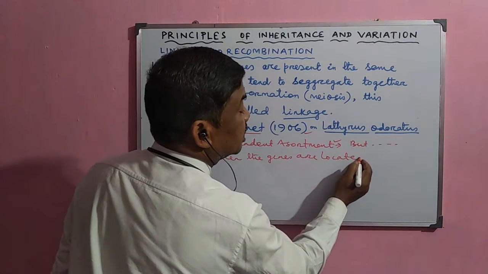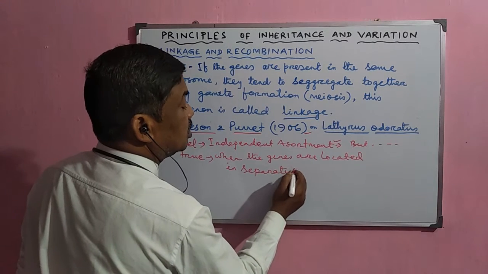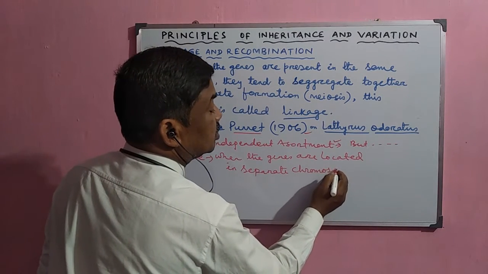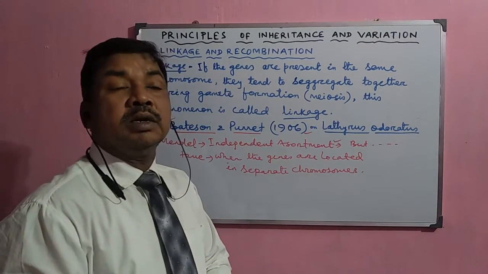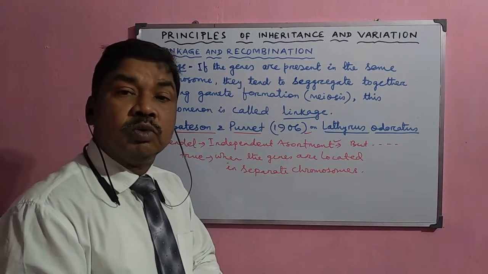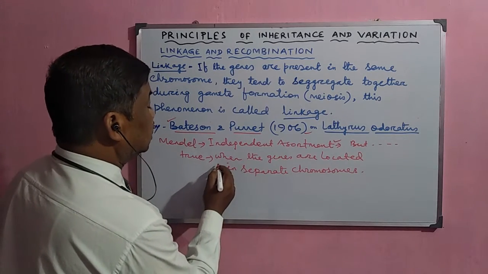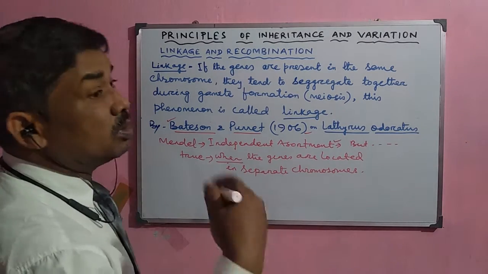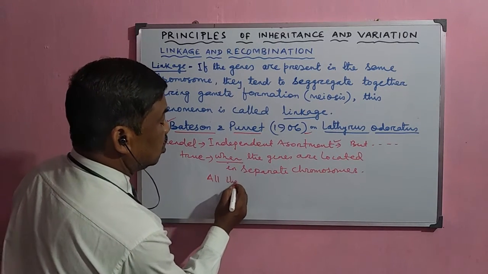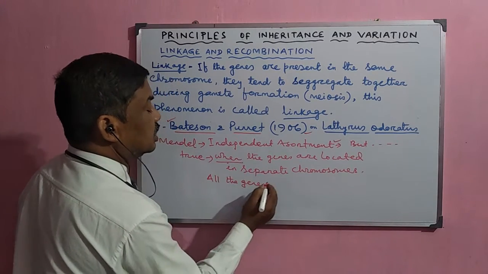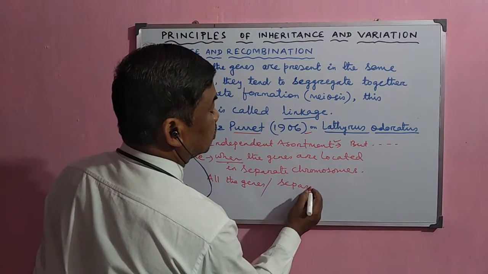located in separate chromosomes. When Mendel selected the pea plant as his experimental material, it was his advantage that all the genes he took into consideration for his experiment are present in separate chromosomes.